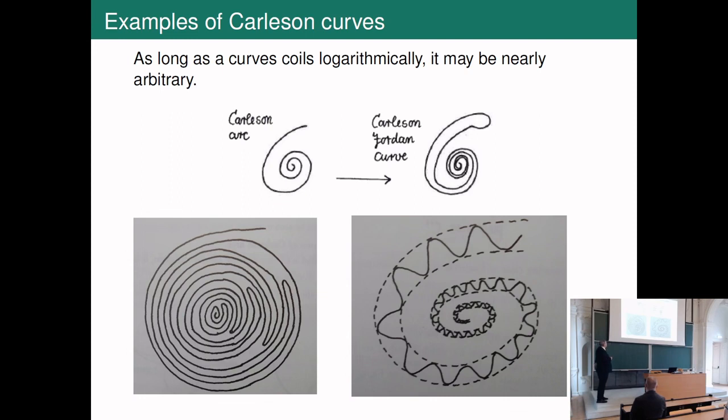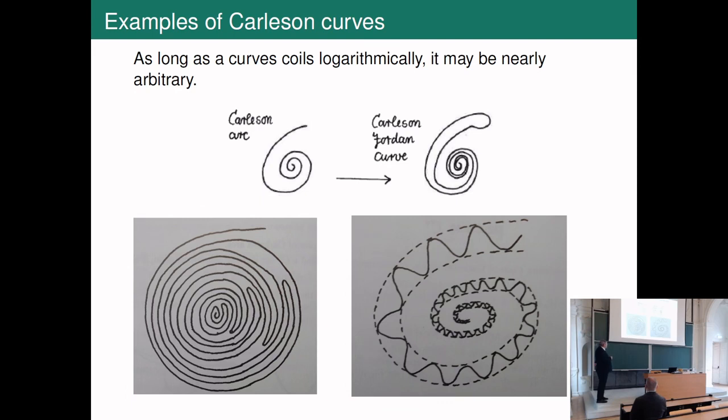Again, examples: as long as a curve winds logarithmically, it may be nearly arbitrary. Here we see a Carleson arc, and one can always show that if you have such an arc and you add another arc nearby, then you get a closed Jordan curve. This is a Carleson curve. So I give you here only some examples of these arcs, and these may then be completed to curves. For instance, the following is a Carleson curve.